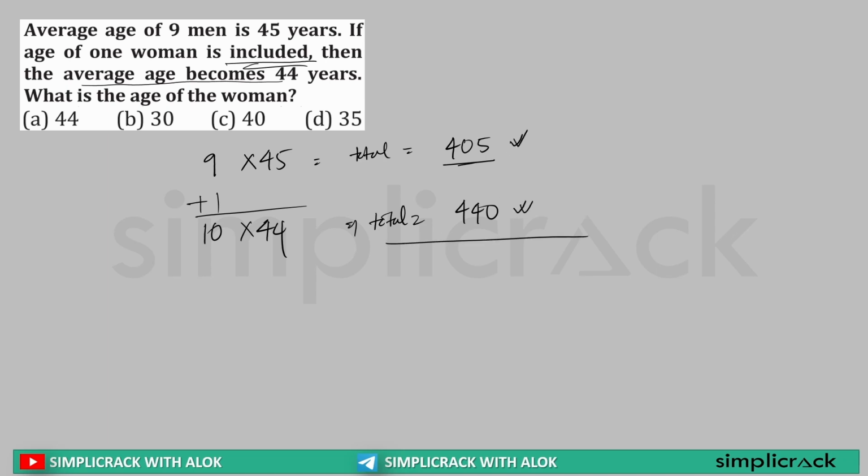So in order to check what is the age of the woman that has been added, I will take the difference, because that's how I will understand what has been added to this 405. So 440 minus 405 is equal to 35. That means 35 is the age of the woman, because after addition of 35 to this, the new total becomes 440. So here the answer is 35.